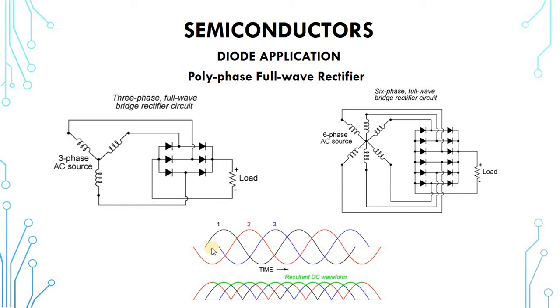But see what happens when phase 1 rises and is dropping. By the time it's dropping, it doesn't get to 0, and then phase 2 takes over, and phase 2 also rises and begins to drop. It doesn't get to 0, and then phase 3 takes over. Phase 3 begins to rise and it begins to drop. It doesn't get to 0, phase 1 begins again, and it continues that way.